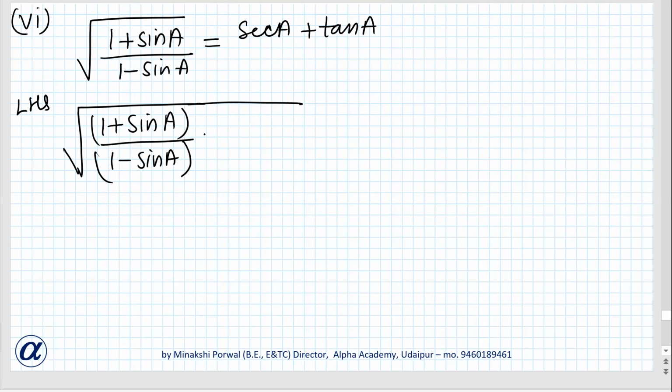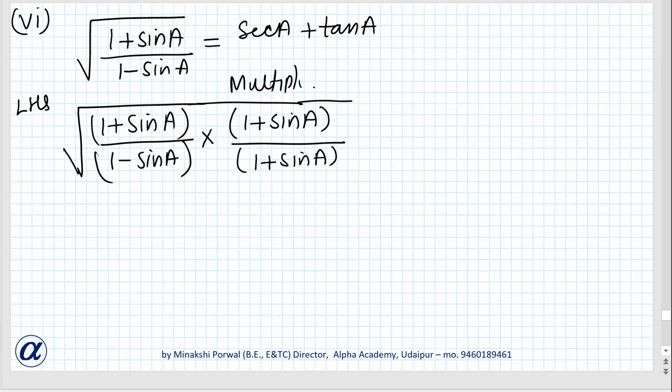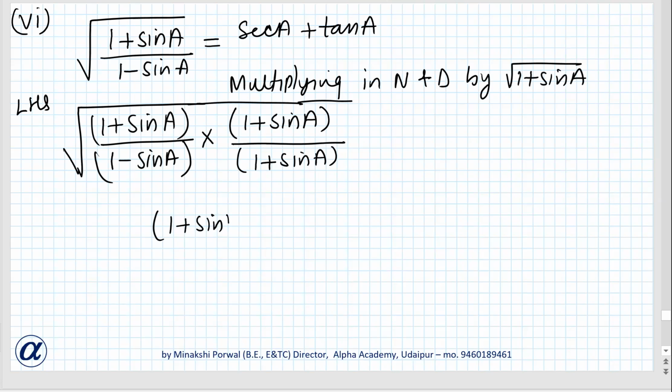Okay, multiplying in numerator and denominator by under root of 1 plus sin A. So 1 plus sin A, 1 plus sin A, it is 1 plus sin A the whole square under root.